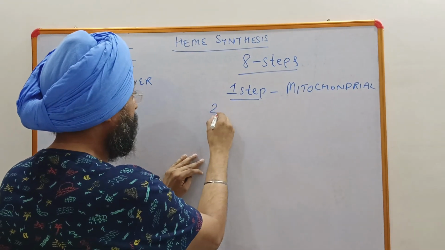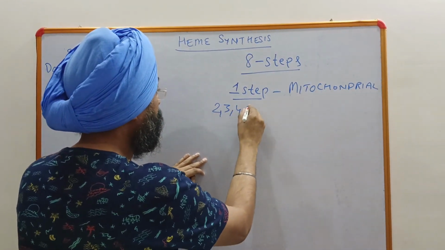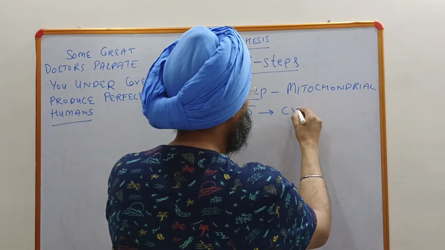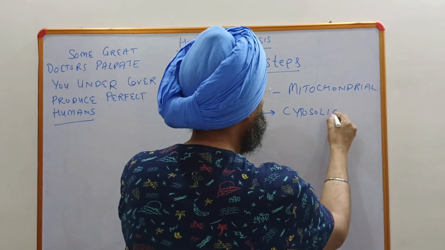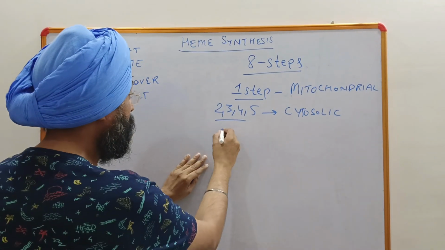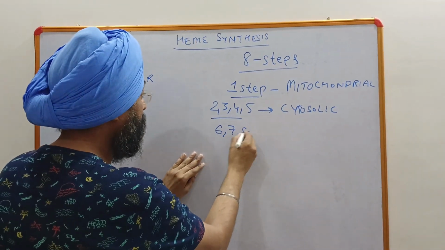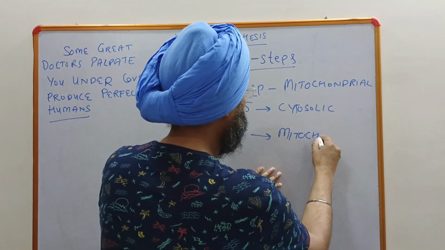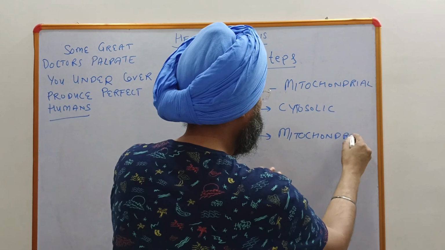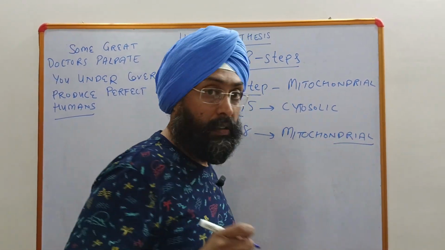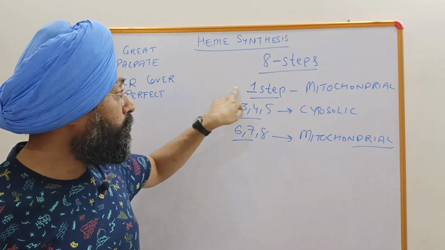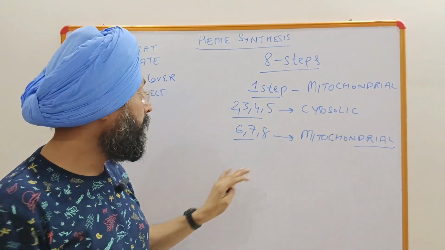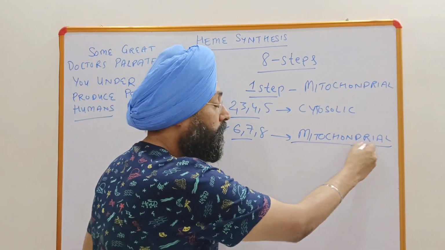And the second, third, fourth, and fifth steps are cytosolic, right? And the last six, seven, and eight steps are again mitochondrial, right? That's clear. The first step is mitochondrial, the second, third, fourth are cytosolic, and the last six, seven, eight are mitochondrial.